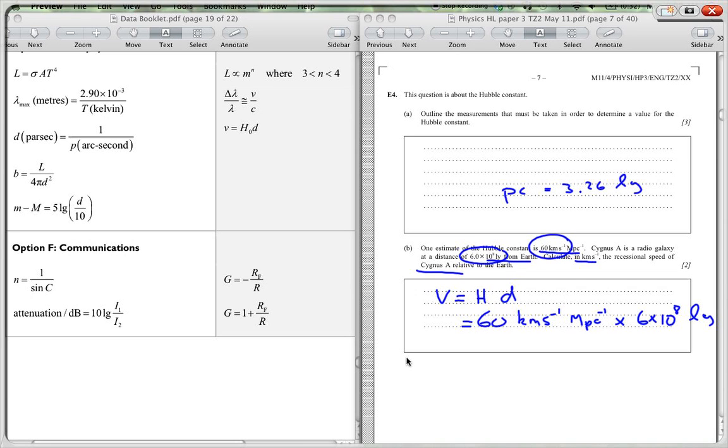So to convert our light years into parsecs, we have to divide by 3.26. And the mega is the inverse, so it's times 10 to the 6. When we do that, we get 1.1 times 10 to the 4 kilometers per second.